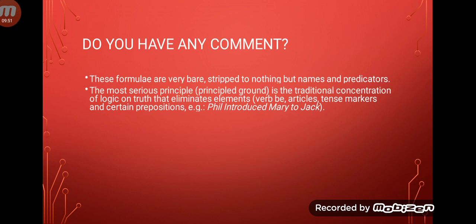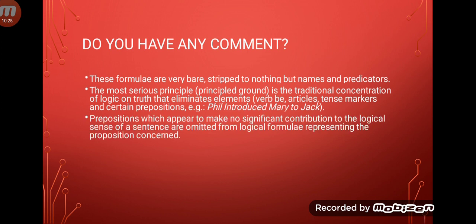And then the most serious principled ground is the traditional concentration of logic on truth, which eliminates elements like articles, tense markers, and certain prepositions. For example, in Bill introduced Mary to Jack, the word to will be omitted.